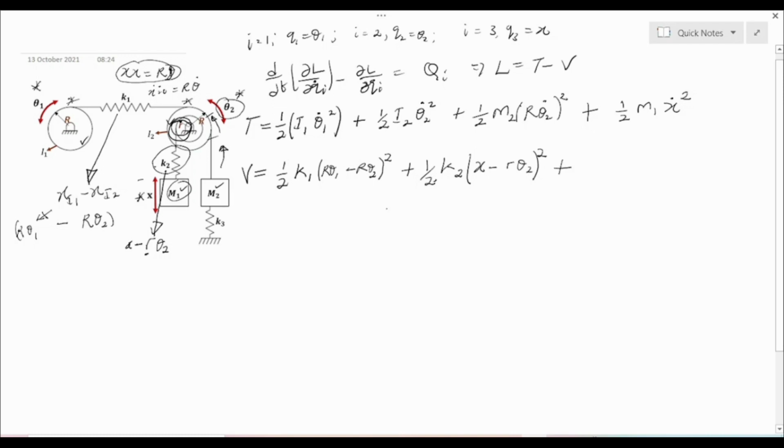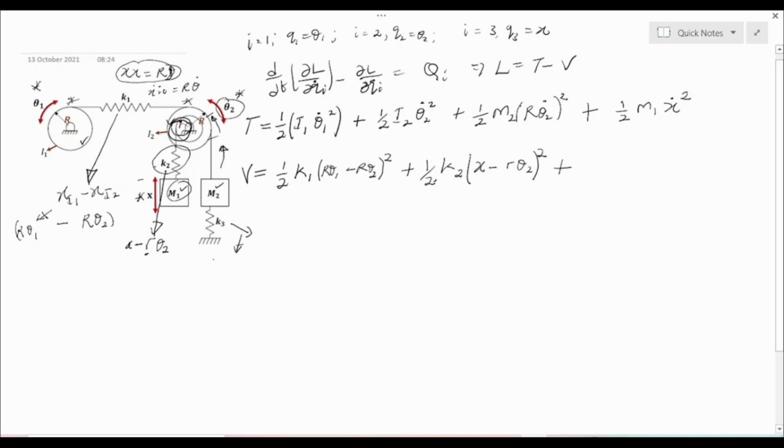And finally, the third spring K3 at every point in time will be displaced by the distance that pulley I2 is making it move by.